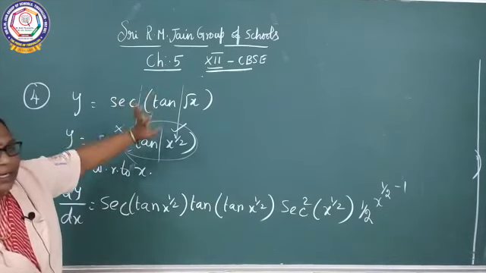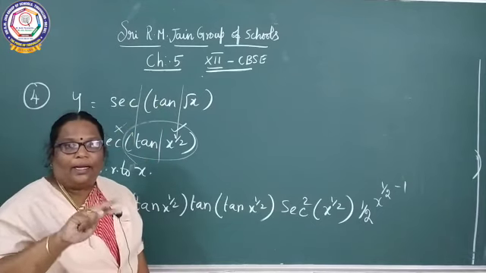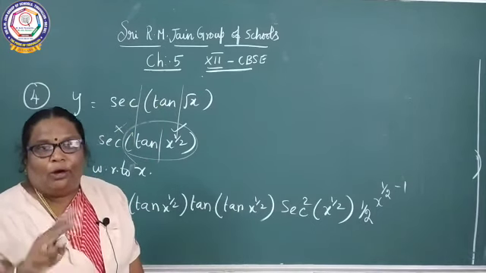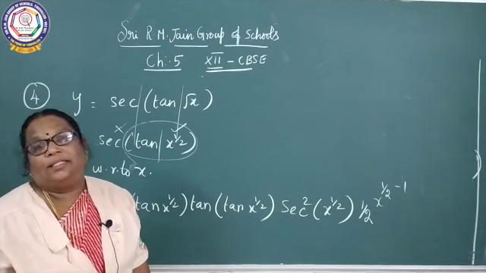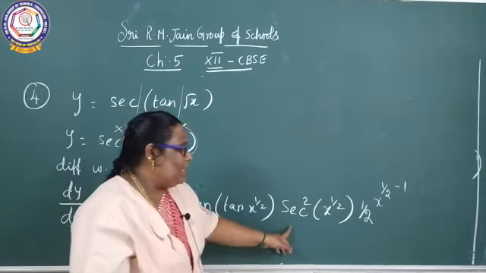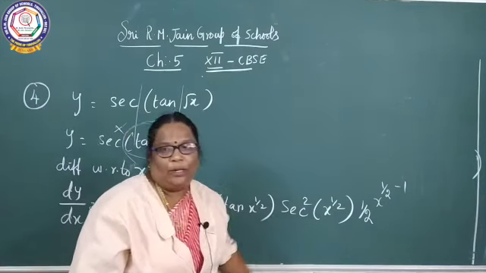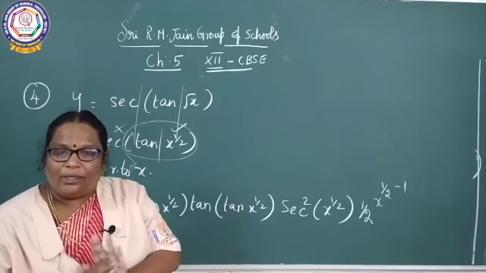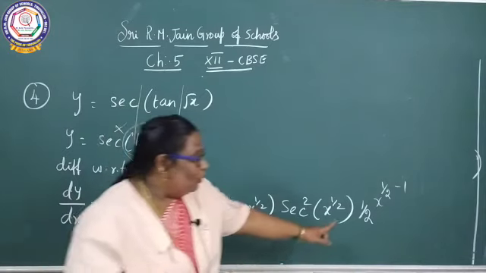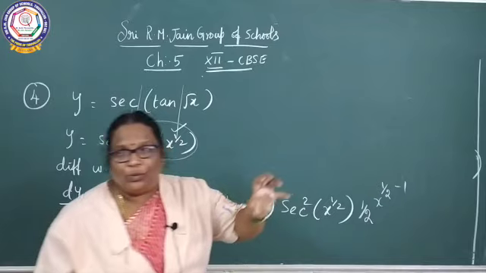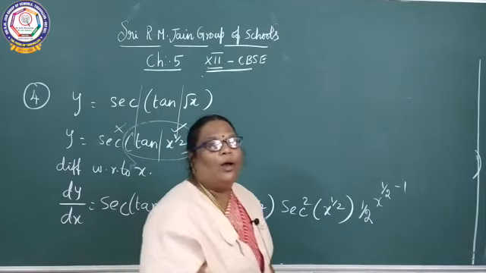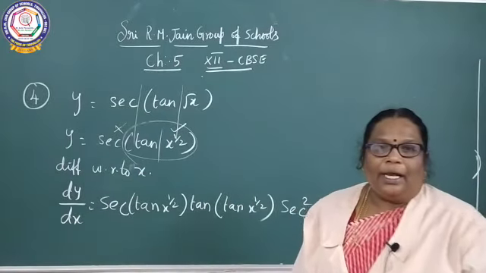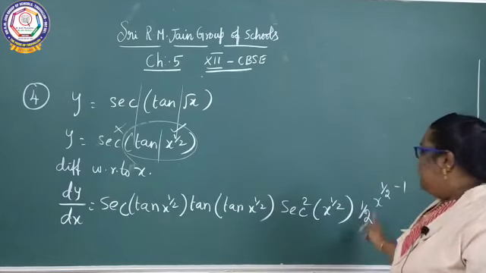Next, you concentrate on the second part, tan of root x. What is the differentiation of tan x? Secant square x, so secant square x power 1 by 2. That part is also over. Then the last one is x power 1 by 2, so n into x power n minus 1.